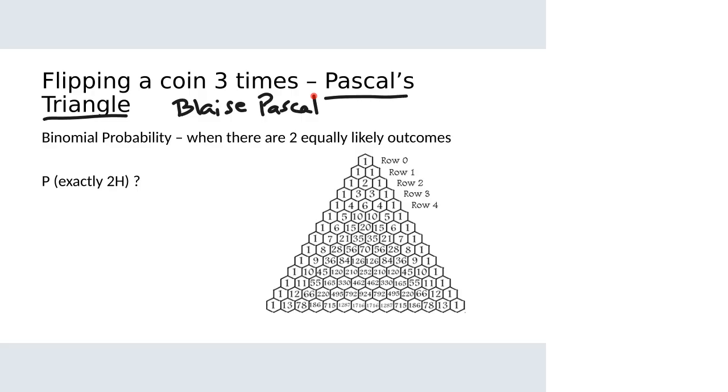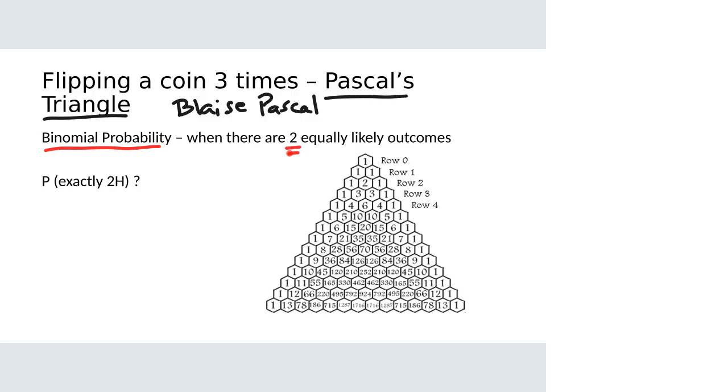But here, we're going to use Pascal's triangle. This is going to be a very valuable tool for us. It looks like this over here, and we're going to talk about it in just a second. You won't have to write the triangle down, even though it's not very hard to create one. But we're going to use Pascal's triangle when we're doing a problem that involves binomial probability, which means there are just 2 outcomes, like flipping a coin, heads and tails.